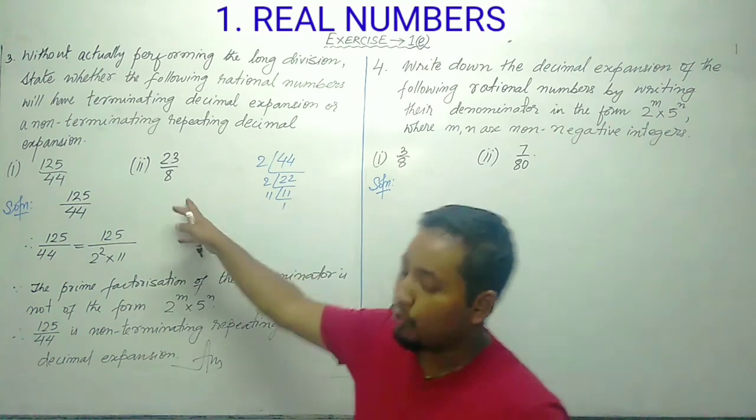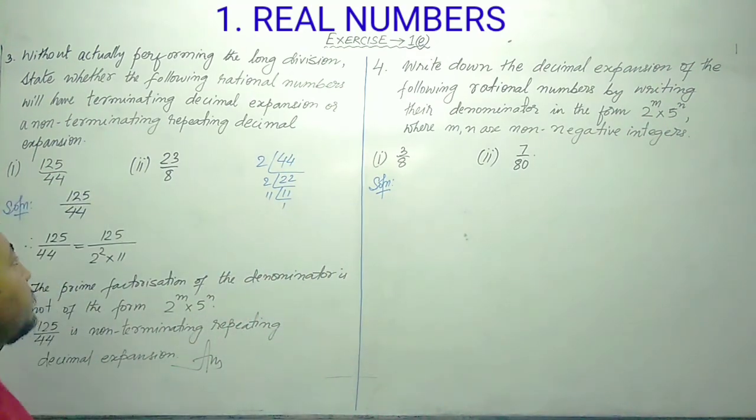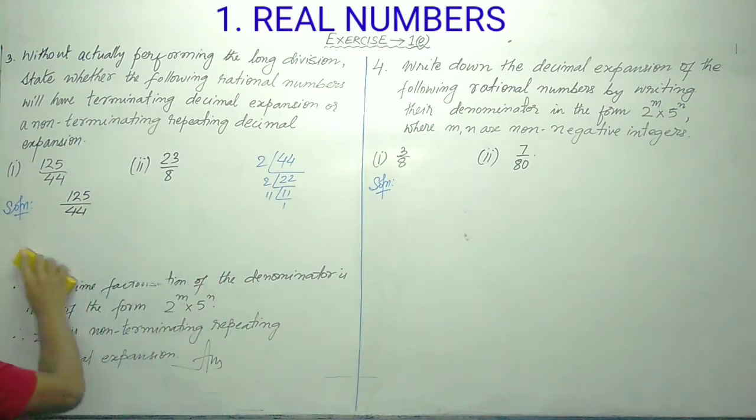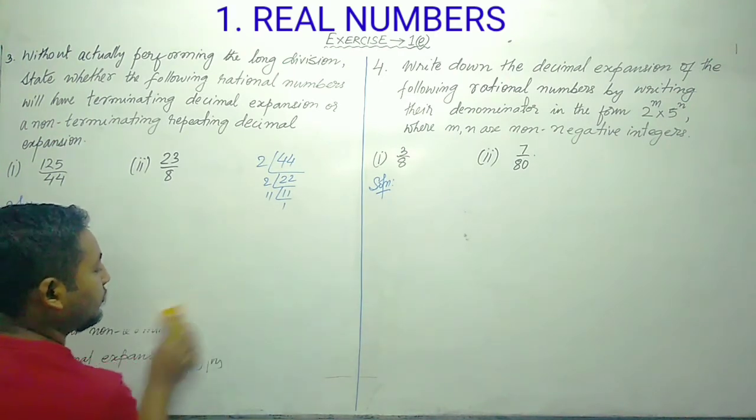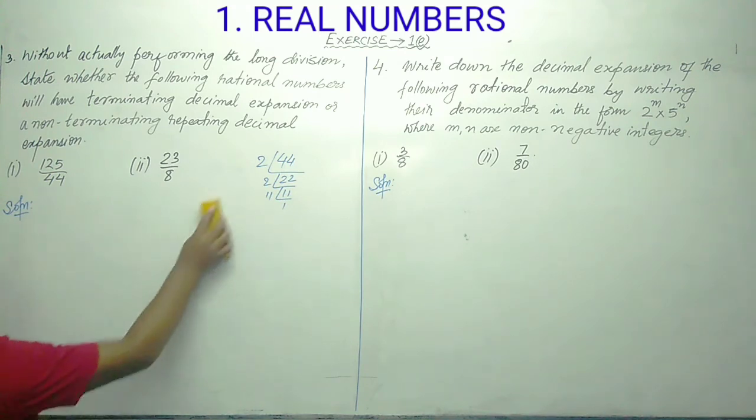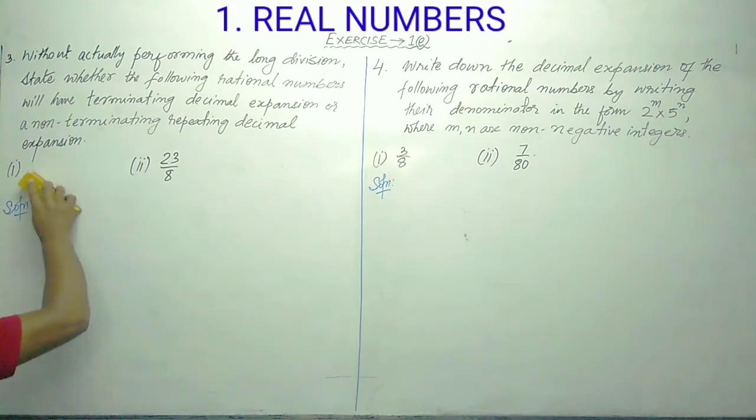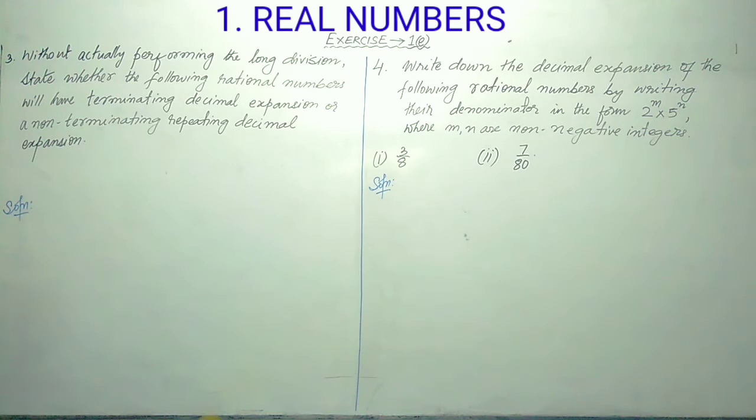Now let us check number 2. You have 23 by 8.